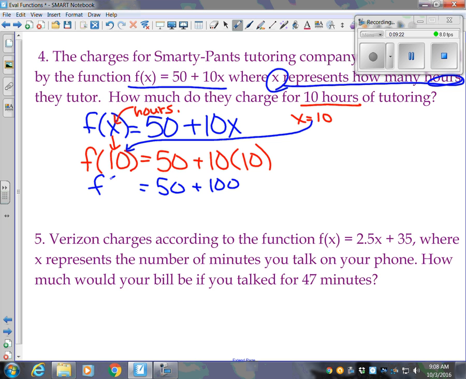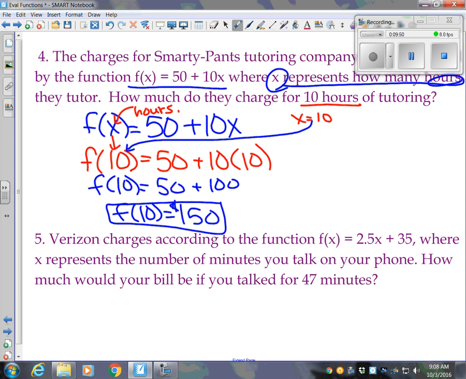So the function with 10 in it turns out to equal what? 150. So apparently, the meaning of this is for 10 hours of work, the tutoring company is going to charge me $150. So function notation is not really doing anything brand new. The calculation part's all on the right. It's just understanding that something new might be written on the left.